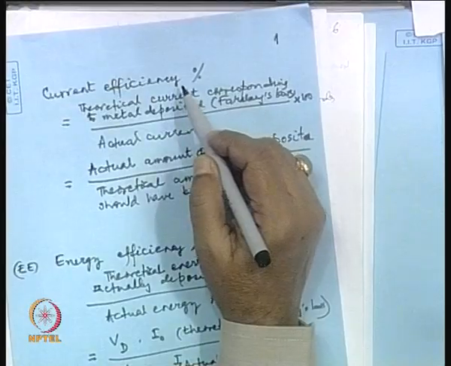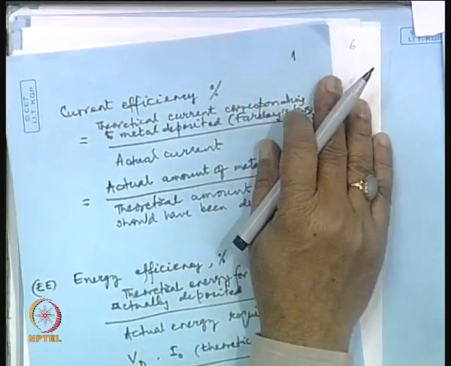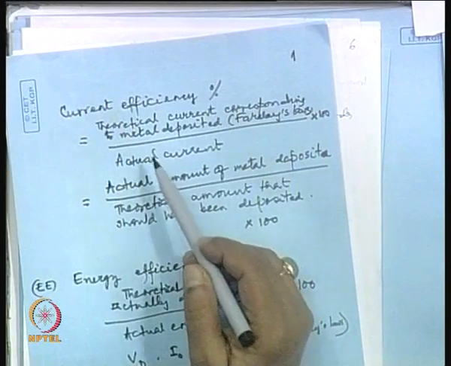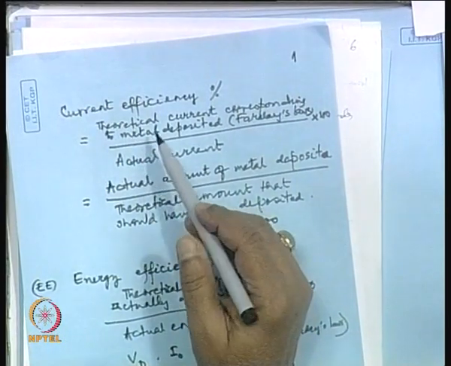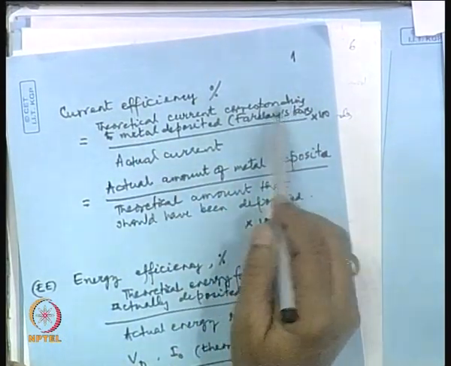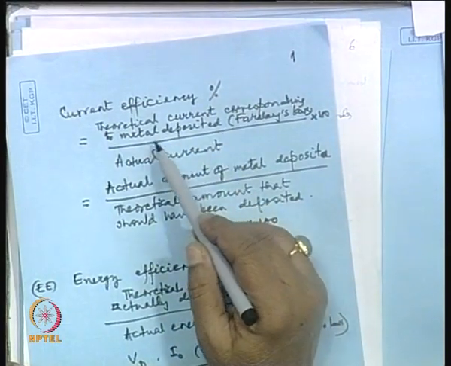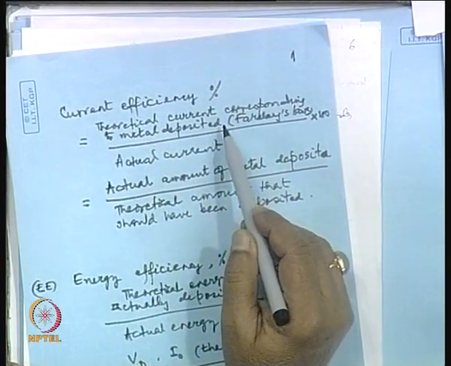Now, when we discuss electrometallurgy, we must define some terms, and you should know exactly what they mean. Very often we talk about current efficiency during electrolysis. By the word current efficiency we mean the theoretical current corresponding to the amount of metal deposited.